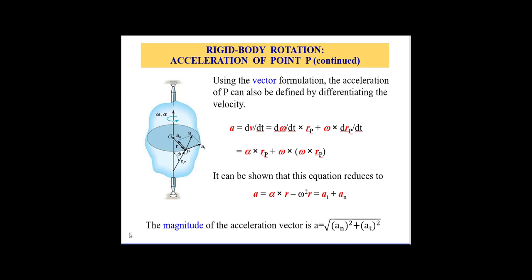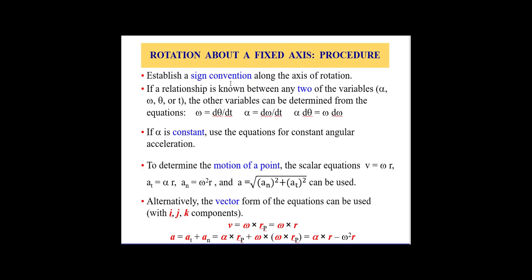Alright, procedures to solve any problem. Establish the convention along the axis of rotation. Remember that omega is the rate of change of theta with respect to time, and alpha is the angular acceleration, d omega over dt. You can also use the chain rule to relate alpha, theta, and omega, and this will give you the equation of motion.